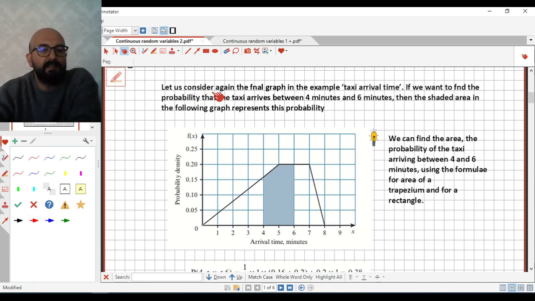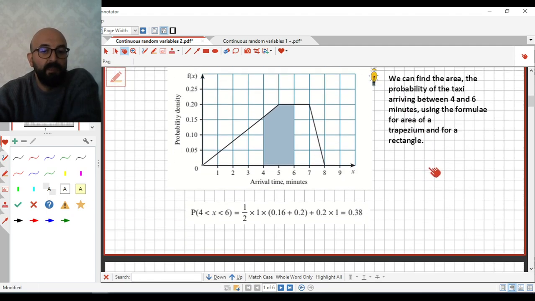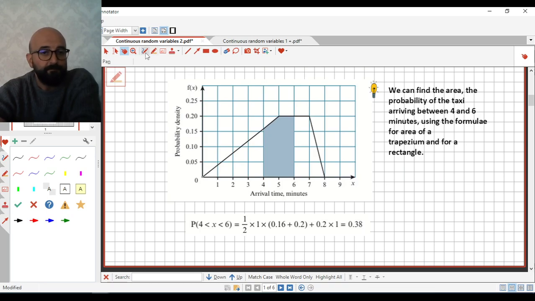Let us consider again the final graph in the same taxi arrival time. If we want to find the probability that the taxi arrives between 4 minutes and 6 minutes, then the shaded area in the following graph represents this probability. And you can also compute this area by using geometry.